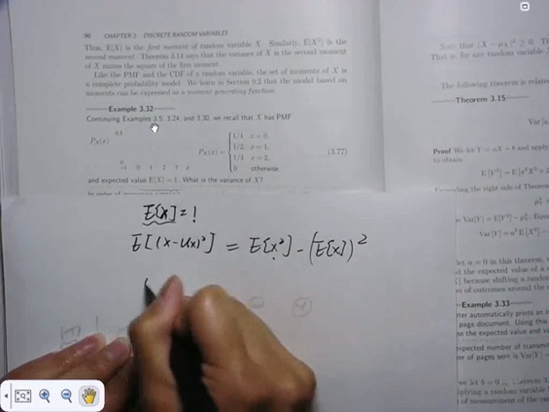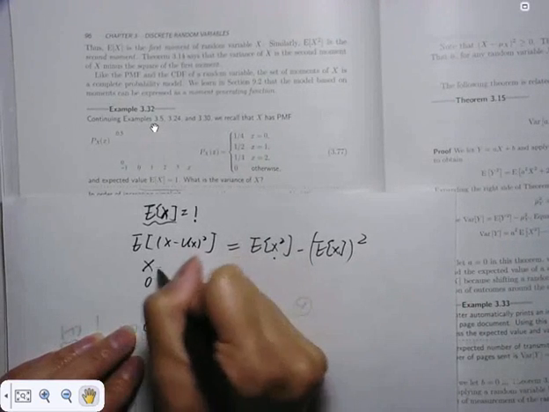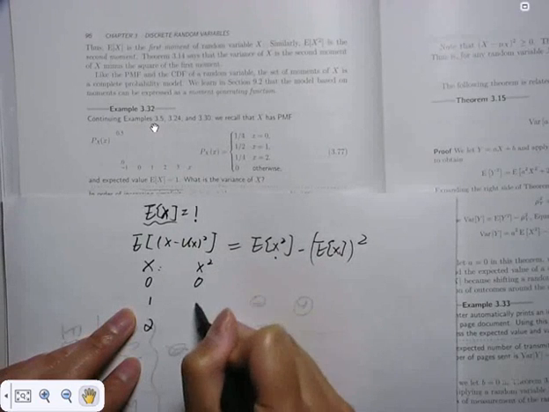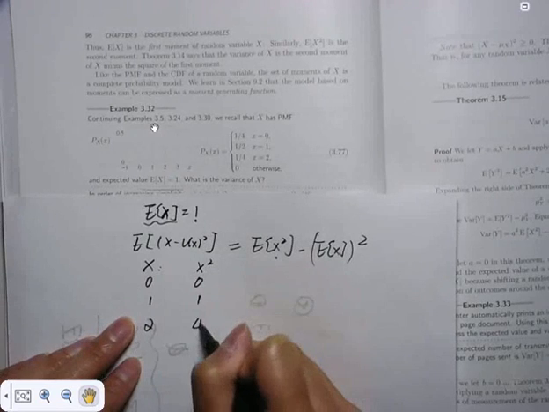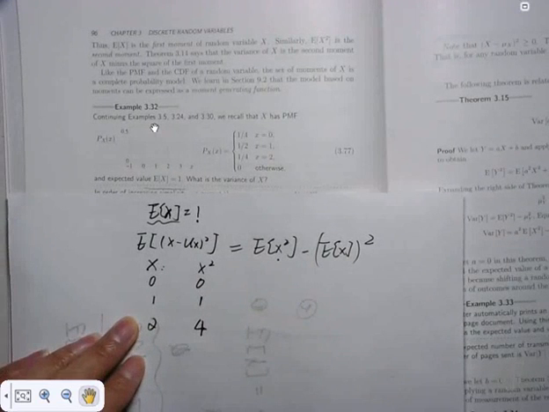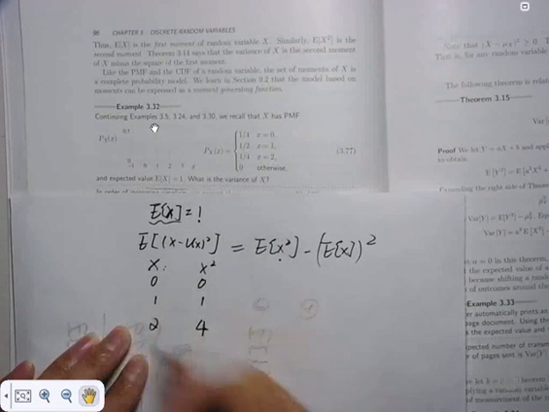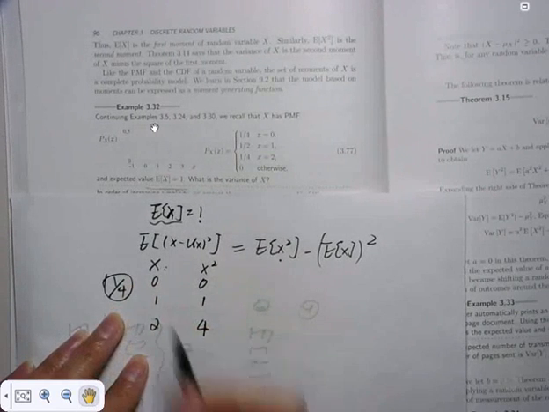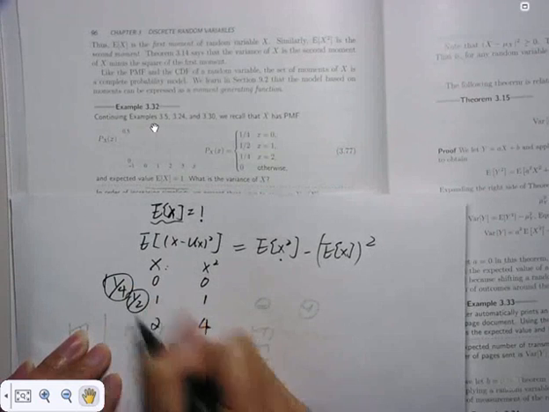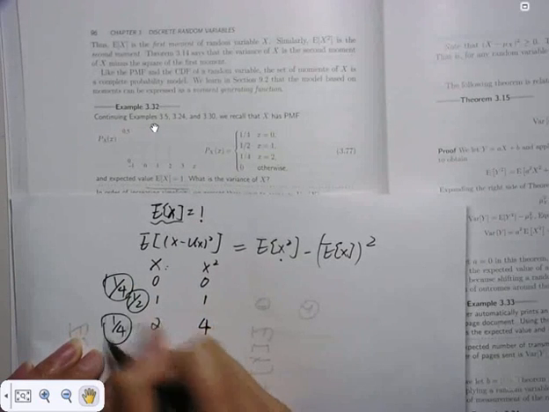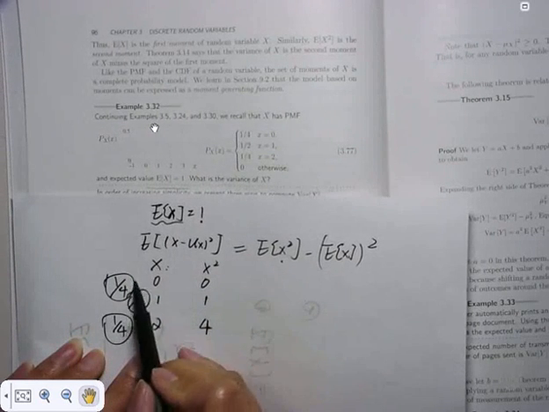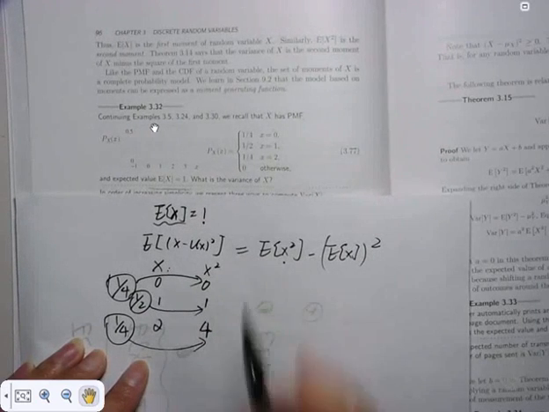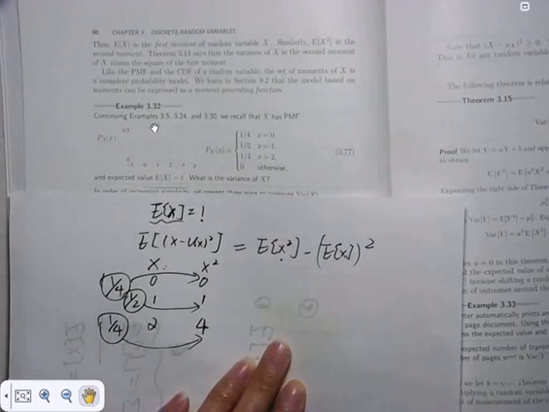Because X can take on values 0, 1, 2, accordingly X squared is all integers, so it looks much better. For those, we have probability 1/4, this is 1/2, this is 1/4. So the expected value of X squared is much easier.